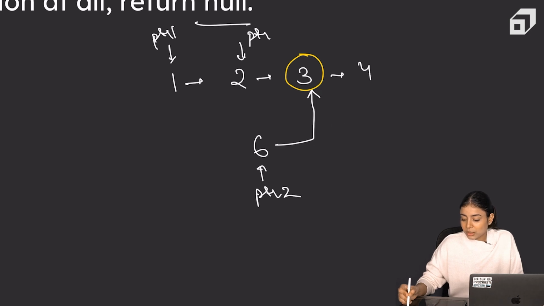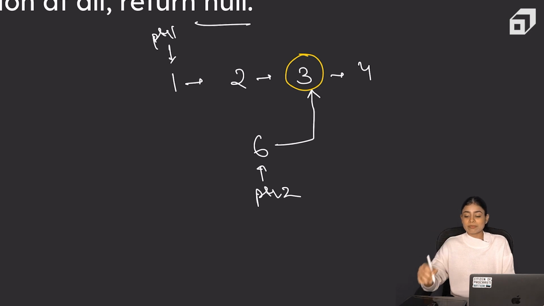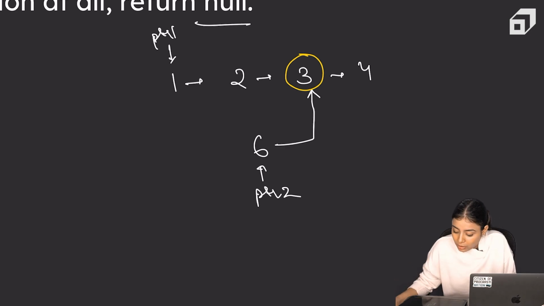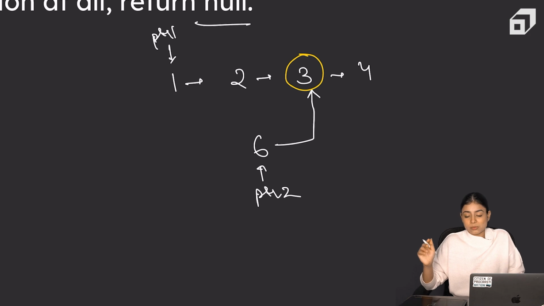Because we're starting both of these pointers from the heads, and the head is not at equal distance from the intersection point. However, if by some way we can make it possible that pointer 1 and pointer 2 start from a point that is at equal distance from the intersection.